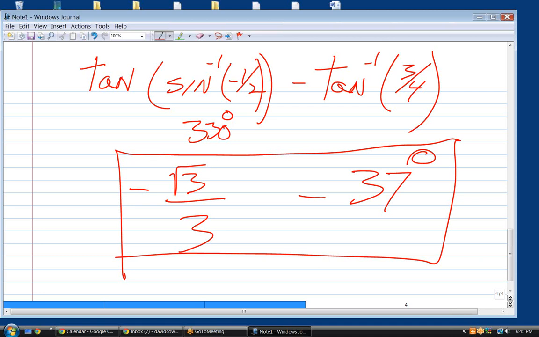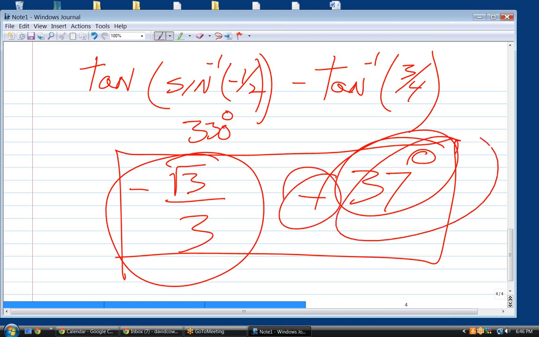I'll write it down like this, and your calculator could also give you that in radians. In other words, if you put in inverse tangent of 3/4, it'll give you the radian answer, and you could put that down also. But it feels like I miswrote this because usually you end up with a number minus a number or an angle minus an angle. It's rare that you end up with a number minus an angle as an answer.